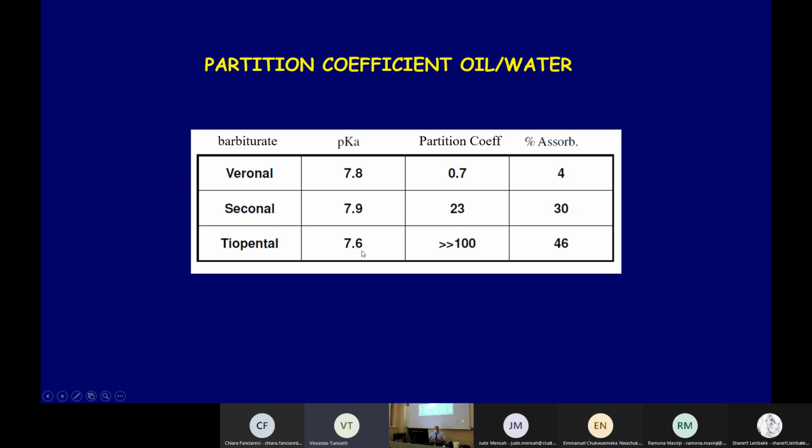Thiopental is still in use when we want to make a surgical intervention, because thiopental is very potent and very fast.